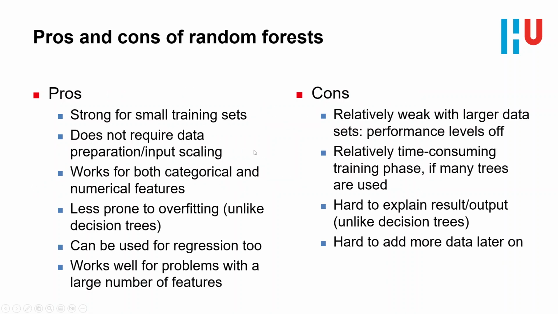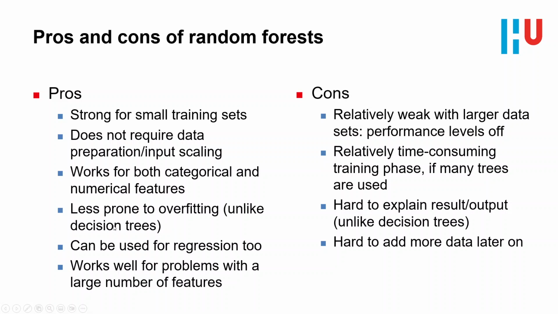Some pros and some cons. These are the pros of random forests and also decision trees. It's strong for small training sets, and you don't need to do input scaling of the data. And you can use both numbers but also categorical features, which is nice. It's not so prone to overfitting.